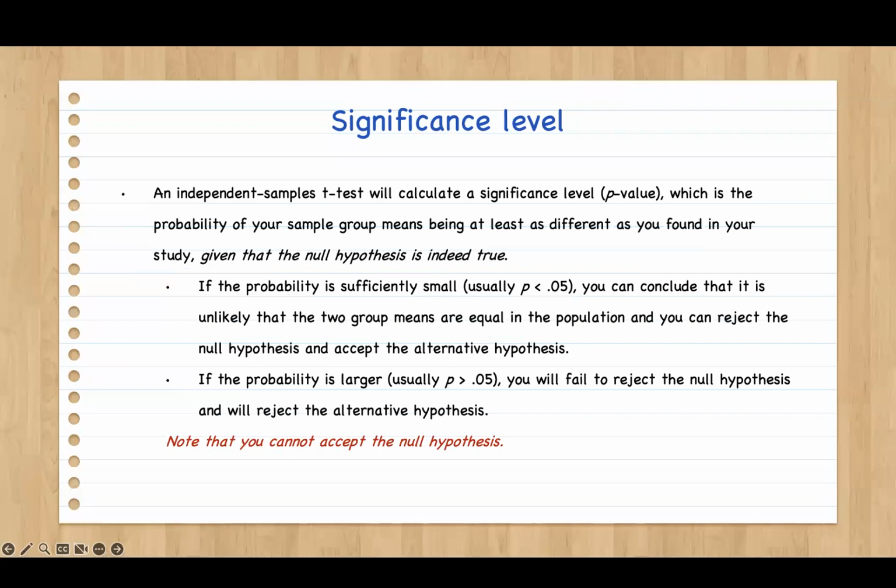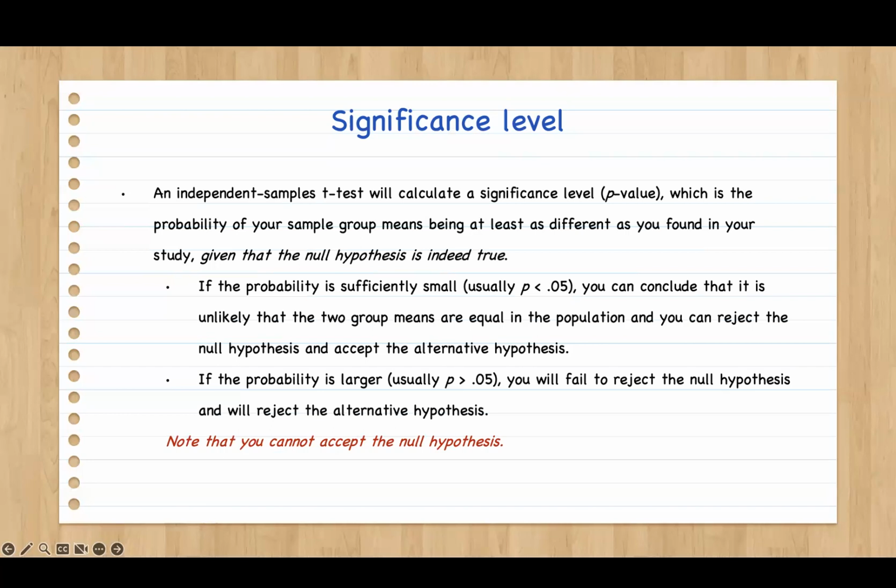We will reject the null hypothesis if the probability of getting a t-value is less than or equal to 0.05. Check another video if you are not familiar with the p-value. So if the p-value is smaller than 0.05, you can conclude it is unlikely the two group means are equal in the population, and you can reject the null hypothesis and accept the alternative hypothesis.